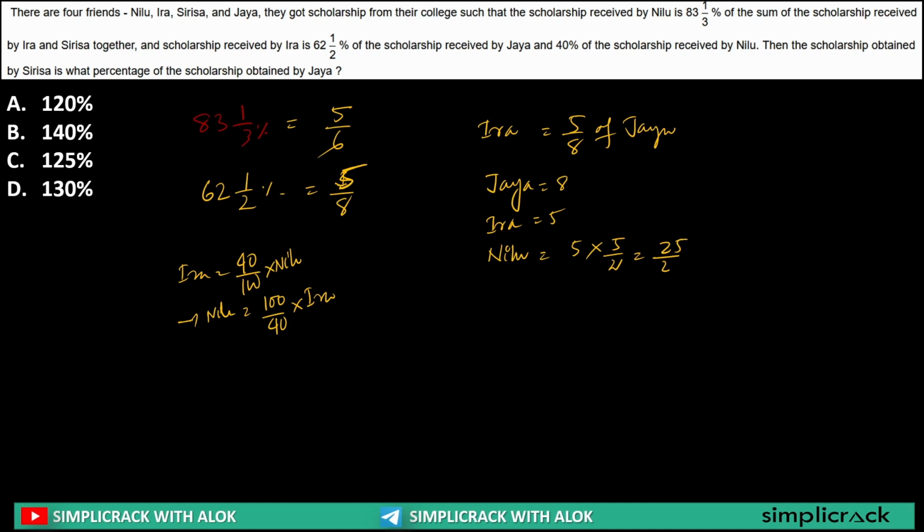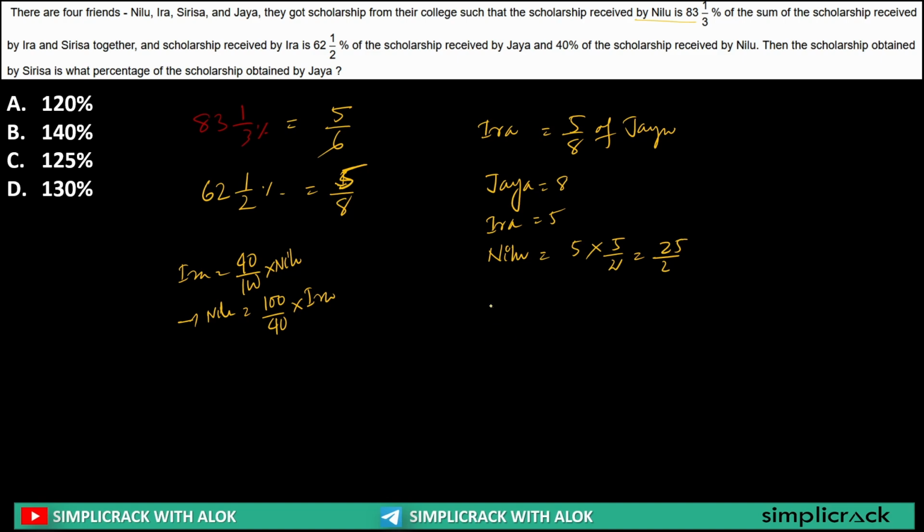Now, the scholarship obtained by Sirisa is what percent of the scholarship obtained by Jaya? According to the question, the scholarship received by Nilu is 83 1 by 3% of the scholarship received by Ira and Sirisa together.